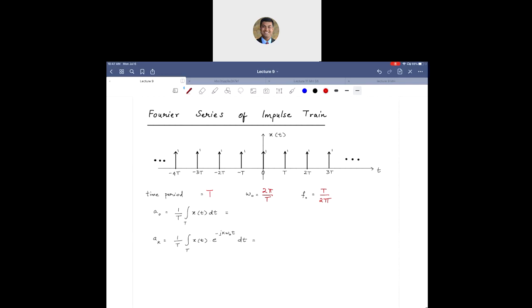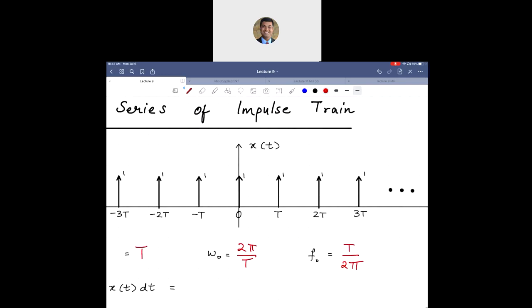Can I write x of t in a slightly different manner? I can write x of t as a summation of impulses. I'm going to use n as my index here.